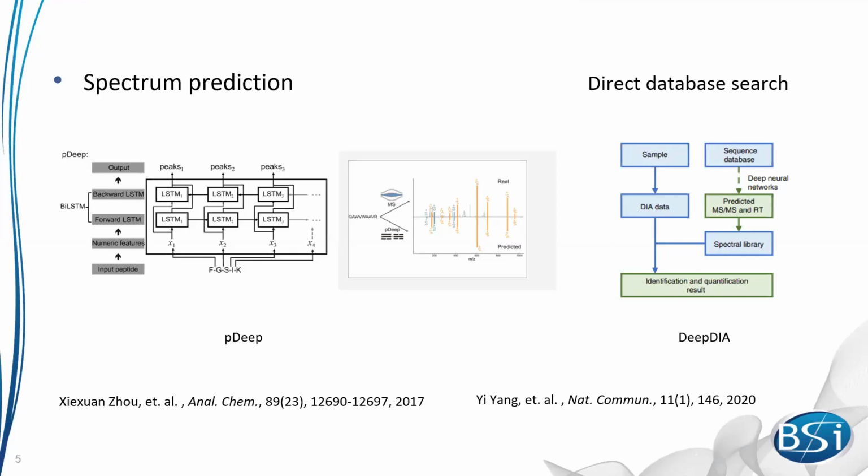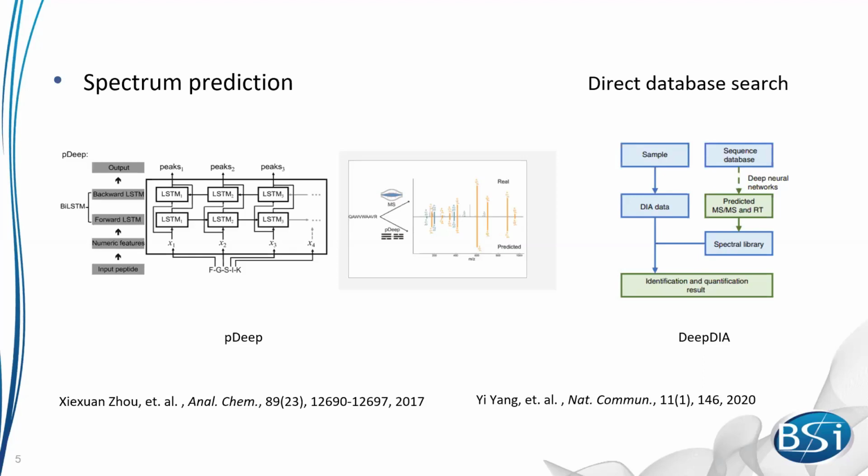Traditionally, we know that for database search, we are given a protein sequence database, and we use an enzyme to generate all possible peptides. For each peptide, we have a theoretical spectrum, and then we compare it with the real spectra. We assign a score. Finally, we report the identification result with false discovery rate estimation.